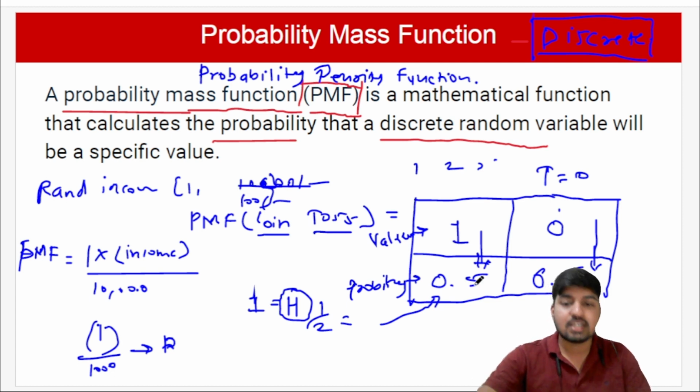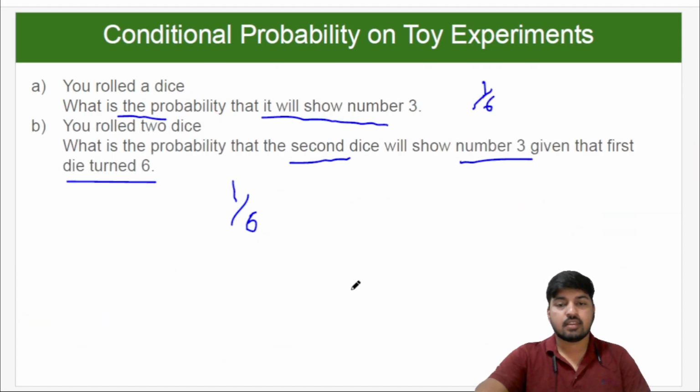What probability mass function is doing, it is taking the value of that function. So what PMF is doing, PMF is simply taking the value, doing some calculations.